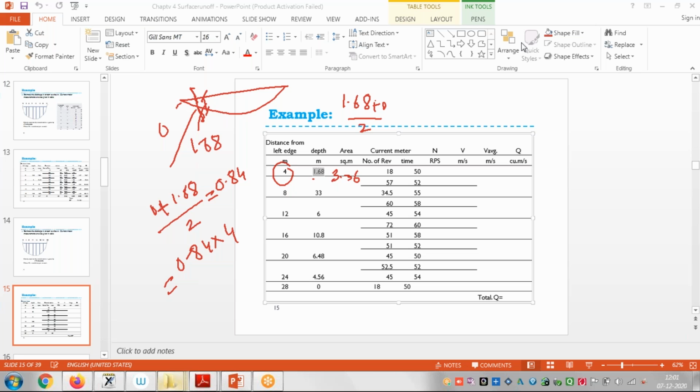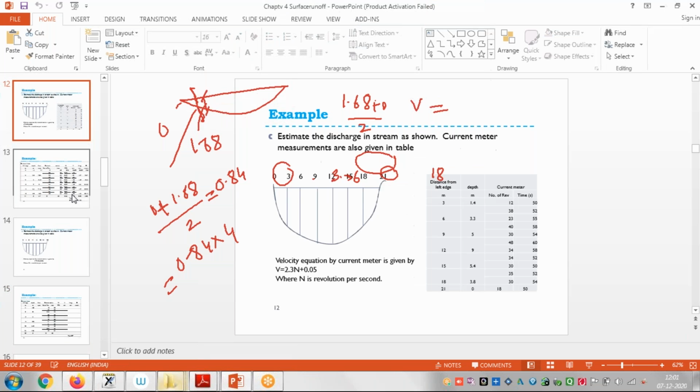Now we know 3.36. The current meter number of revolutions is given, that is 18. So here I will put 18. And what would be the velocity? We know the velocity formula. We have seen it previously, right? The formula is this one: 2.3 n plus 0.05.